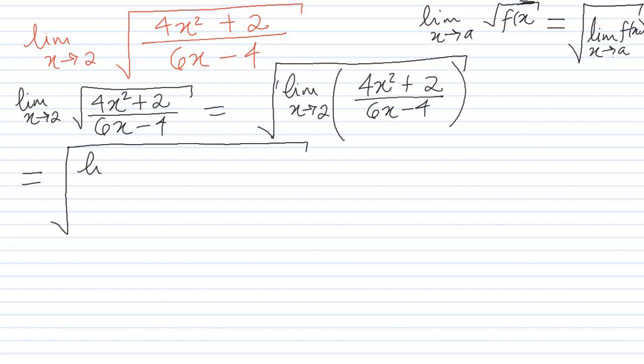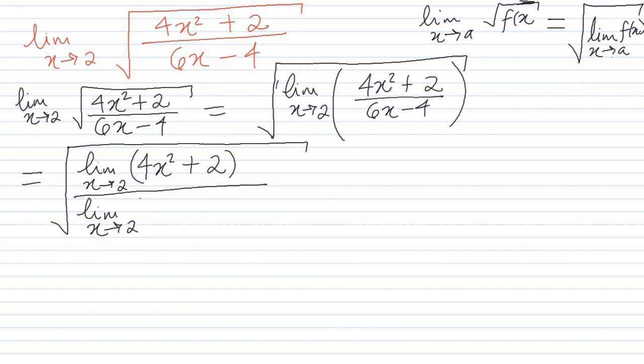So you have the limit as x goes to 2 of 4x squared plus 2, divided by the limit as x goes to 2 of 6x minus 4. You can see the first thing I did was apply this limit law here.